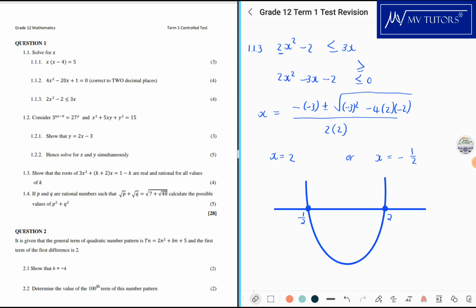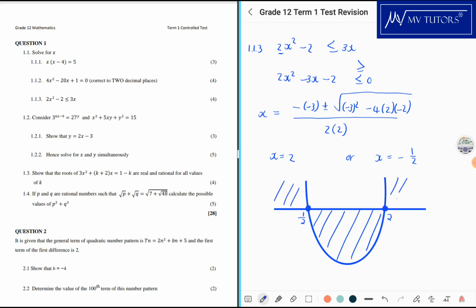Now if it's below the x-axis, you are going to look at the shaded portion inside. If it is above the x-axis, then you're going to look at this portion over here. But anyway, we're not looking at above, we're looking at below. Let's also just remove that so that we do not confuse ourselves.